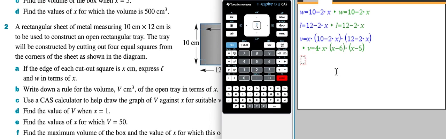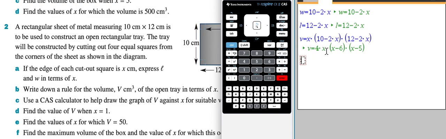That's why it becomes positive 4x times x minus 6 times x minus 5. I'm factorizing each of these two brackets by negative 2, so negative 2 times negative 2 becomes positive 4. That's where the 4 comes from, and that's where x minus 6 and x minus 5 come from.